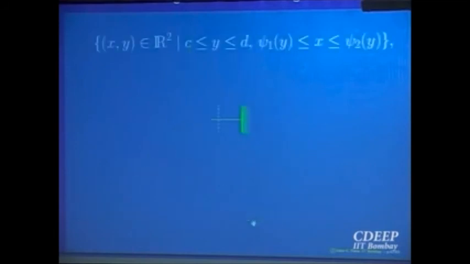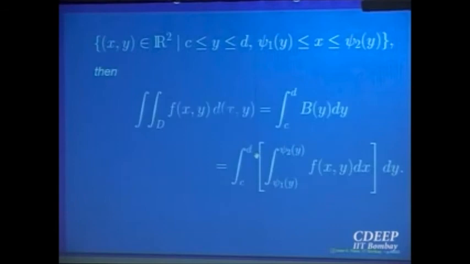So similarly for the elementary type 2 domain, if y is between c and d, and x is between psi 1 of y and psi 2 of y, the same formula holds. You can integrate first with respect to x and then with respect to y, okay.